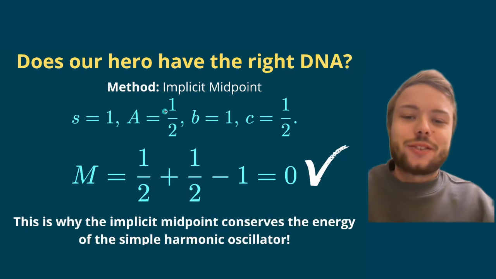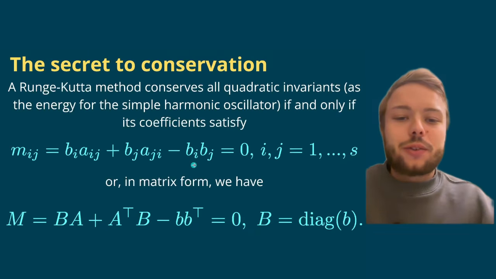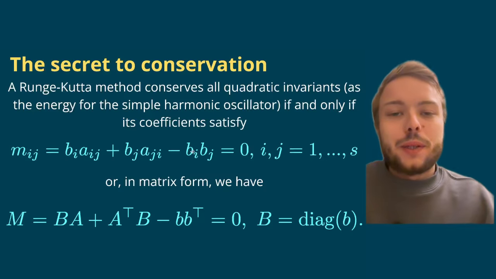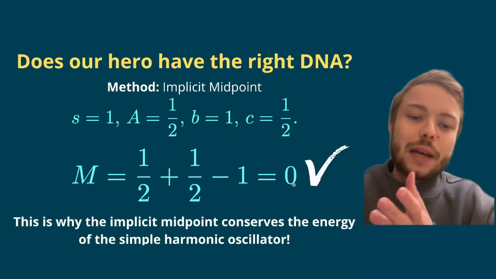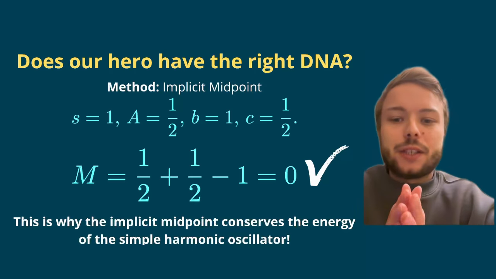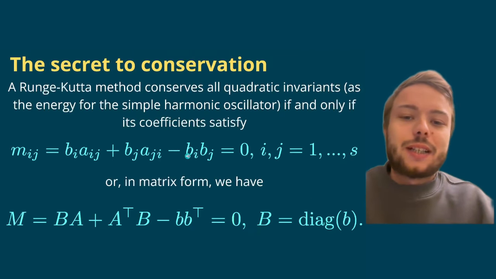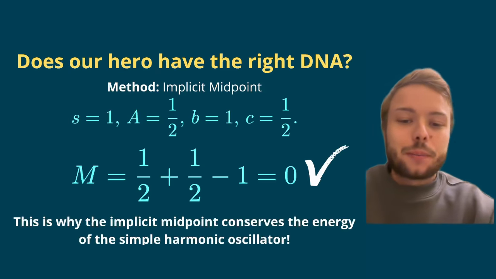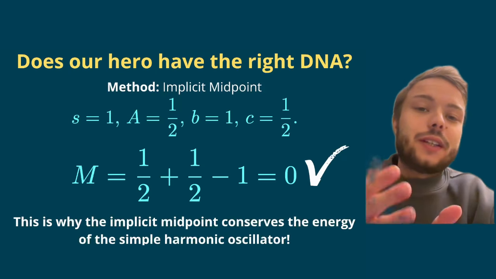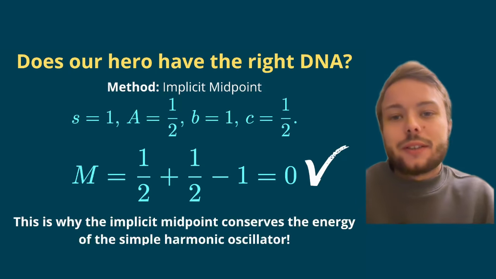And that entry is just 1/2 times 1, so it's just 1, minus B B transpose, or B1 times B1, which is exactly 1. So you see easily that this condition M equals 0 is satisfied by this method. So if we trust this result, we can also see why that method is much better in terms of conserving the desired qualitative structure of the underlying dynamics.